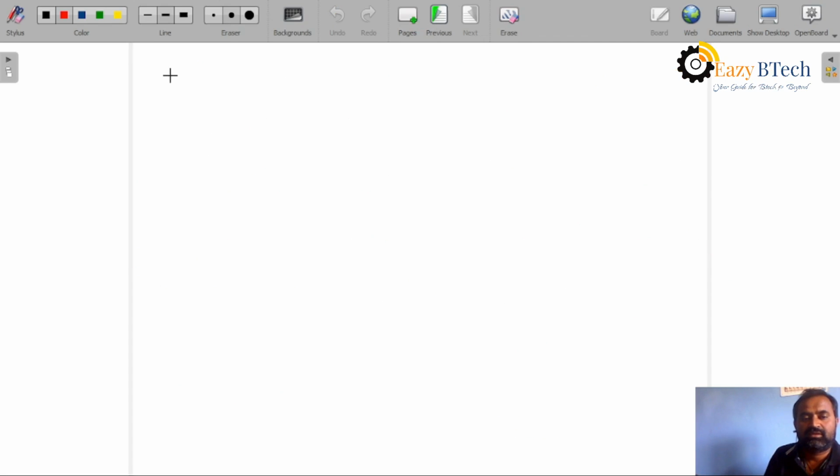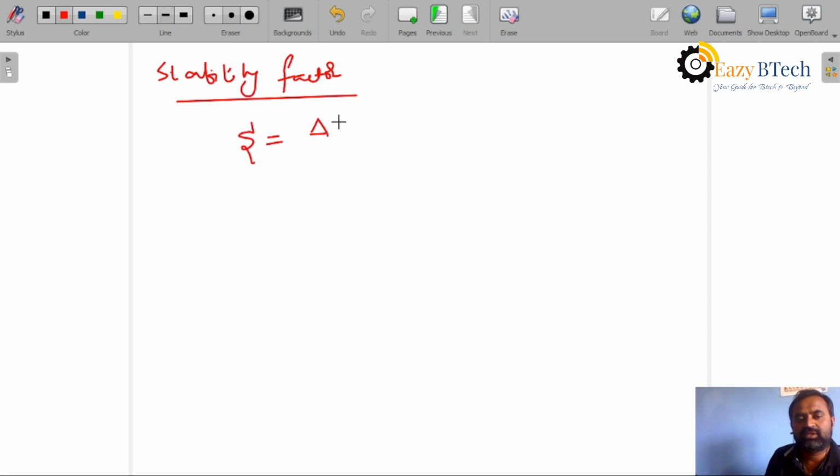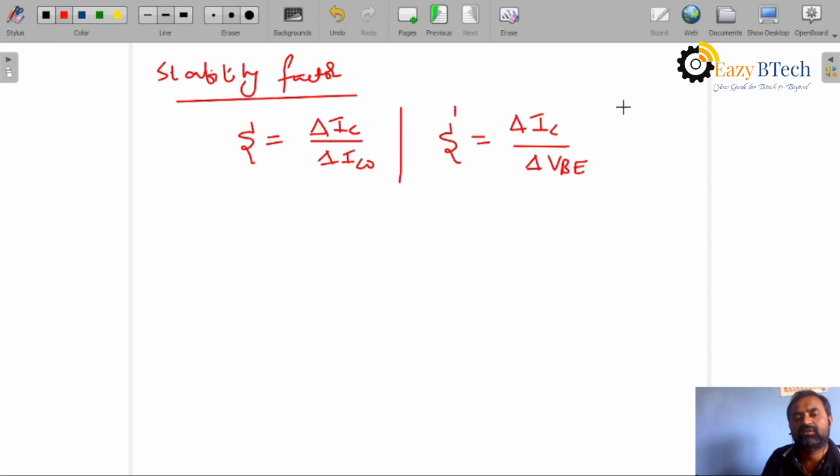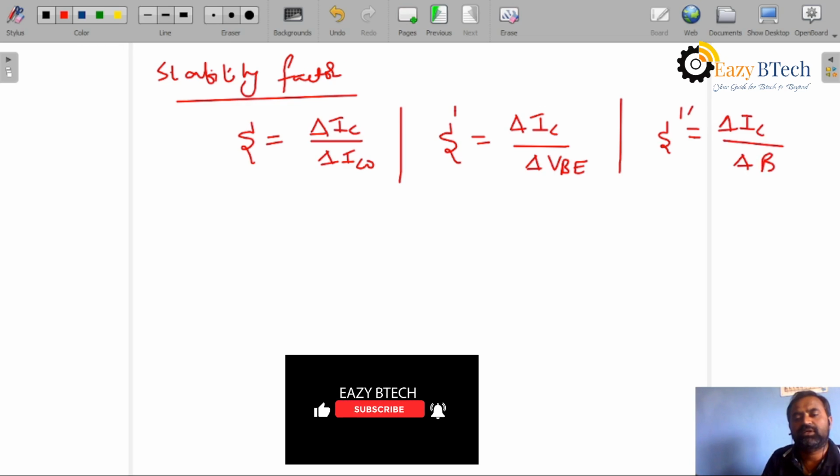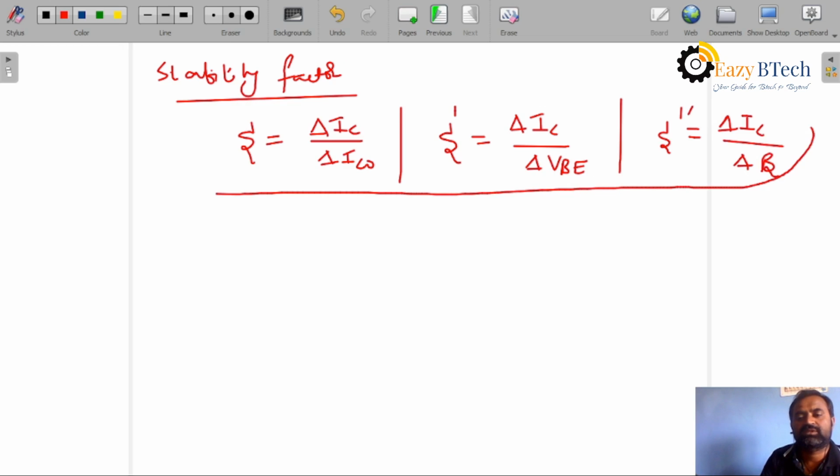That is the stability factor: change in IC with respect to change in IC naught, change in IC with respect to change in VBE, and change in IC with respect to change in beta. This is defined as a stability factor.